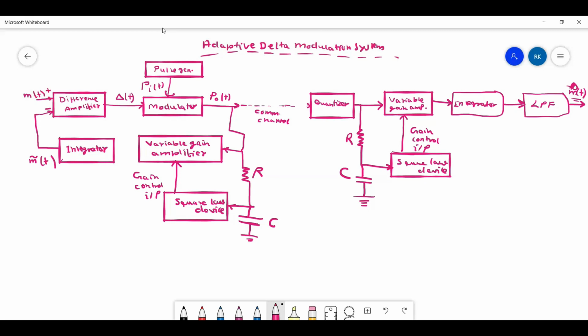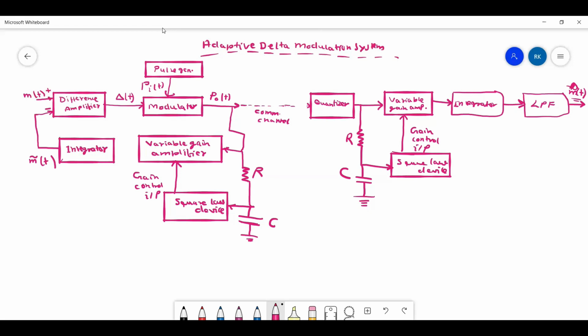So basically, it all revolves around this integrator in the transmitter side, this integrator at the receiver side, and the nature of POT. When there is positive slope overload condition or negative slope overload condition, POT is a long sequence of either positive or negative pulses. When there is no slope overload, it is a sequence of alternate positive and negative pulses, and that makes the difference.